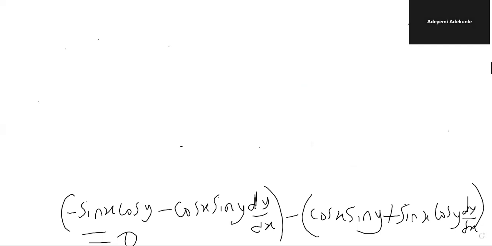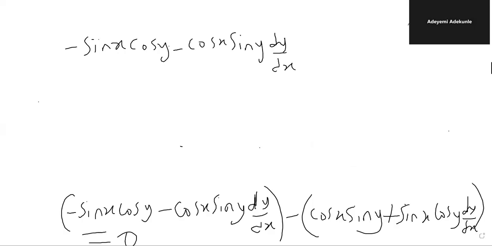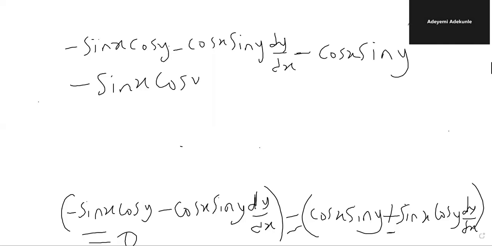We can write this as minus sine x cos y minus cos x sine y dy/dx, right? Minus cos x sine y. Minus times this plus will be minus. So that's minus sine x cos y dy/dx will be equal to what now?